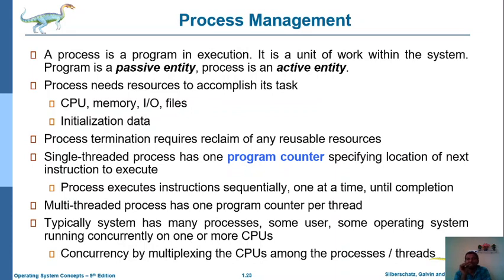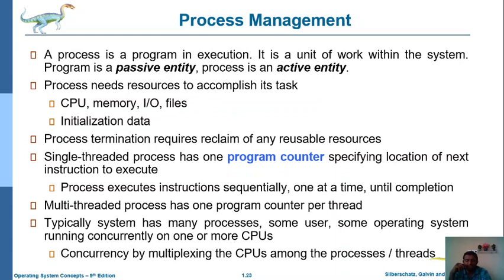After completion of the current instruction, the next one must be allocated, so we use several program counters. If we use two threads, two program counters are required; if we use four cores or four threads, four program counters are required. This is how process management is performed.